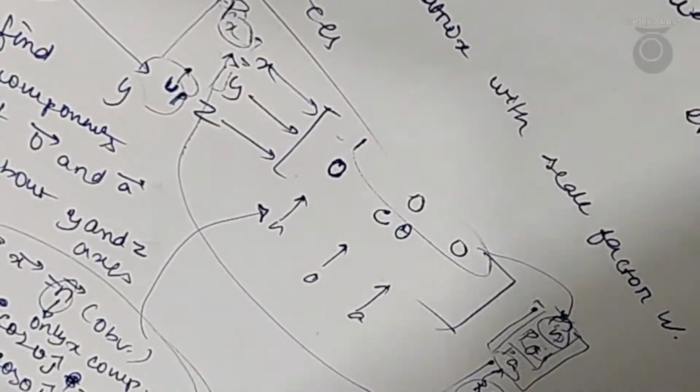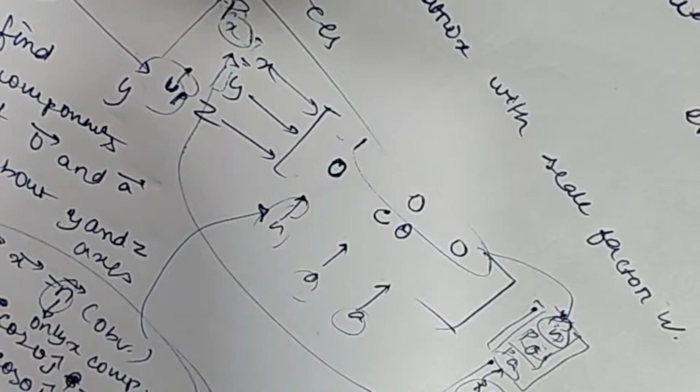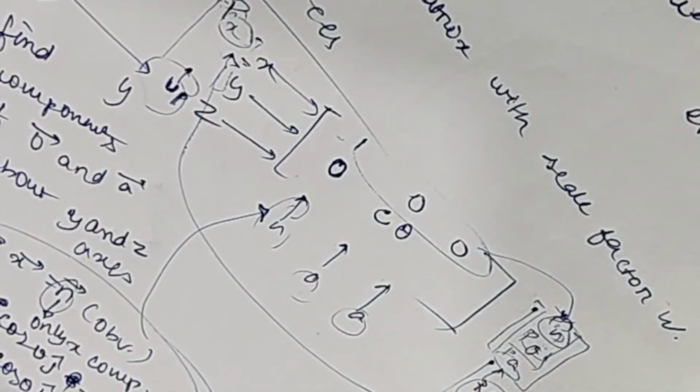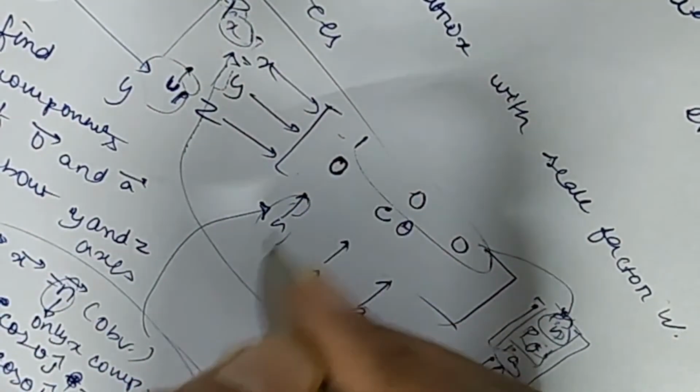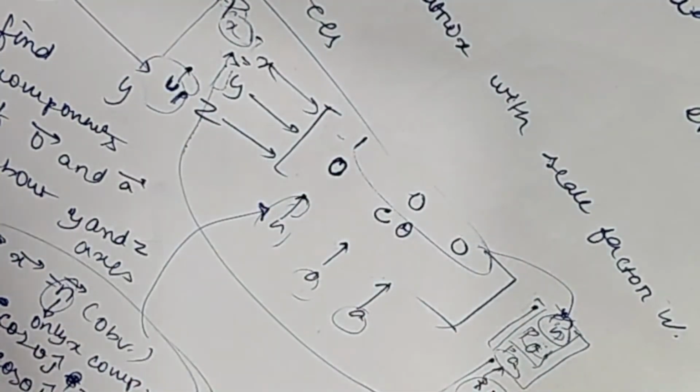I'm mixing two concepts and overcomplicating this right now. Instead of doing all this, let me just consider the N, O, and A axes as three unit vectors and just write them as components of X, Y, Z. I guess that makes sense too.